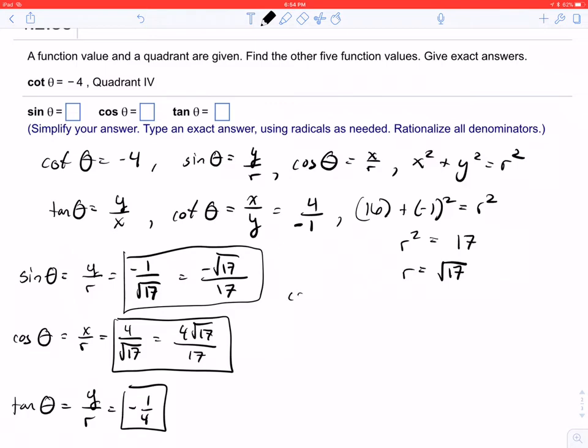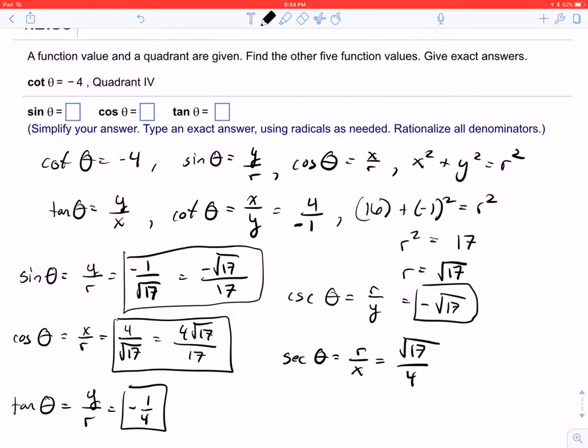So then cosecant theta is going to be r over y, which is going to be a -root 17. And then secant theta is going to be r over x, which is going to be root 17 over 4. And they gave us cotan of theta, okay?